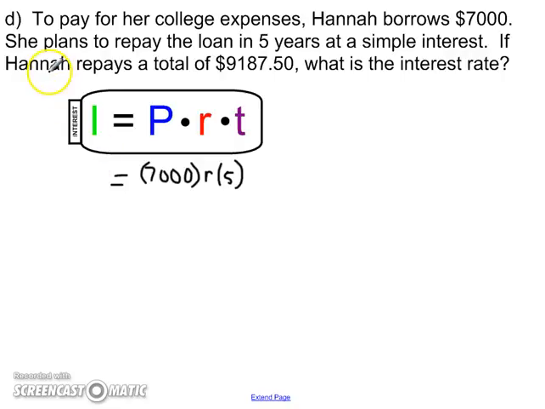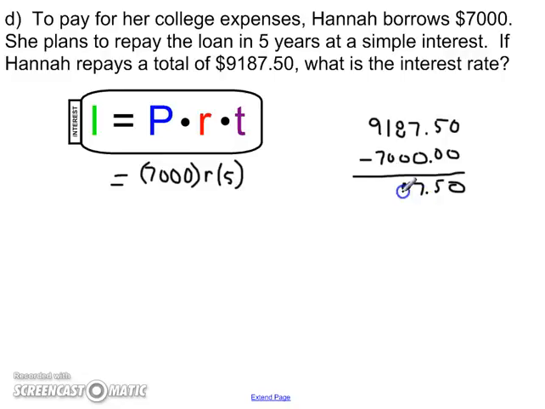We know, though, that Hannah repays a total of $9,187.50, and she borrowed originally $7,000. Well, there obviously has been an increase there. What is the increase? Well, that is the interest, that change in value. So if we take $9,187.50 and subtract the $7,000 original investment, I'm just doing the subtraction here.